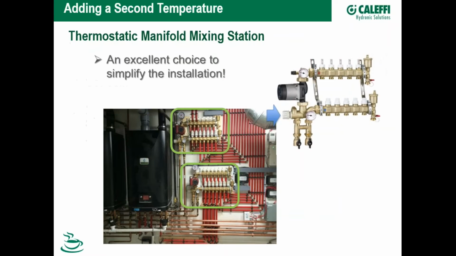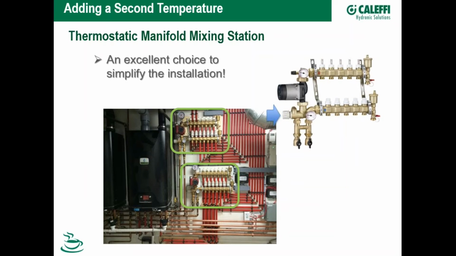Another great choice on the thermostatic mixing valves to simplify the system is a thermostatic manifold mixing station. It's all about simplifying the installation. What I have here in the drawing shows 2 of those mixing stations, where I have my pointer here, and here are the thermostatic mixing valves. But it's a manifold that does balancing.